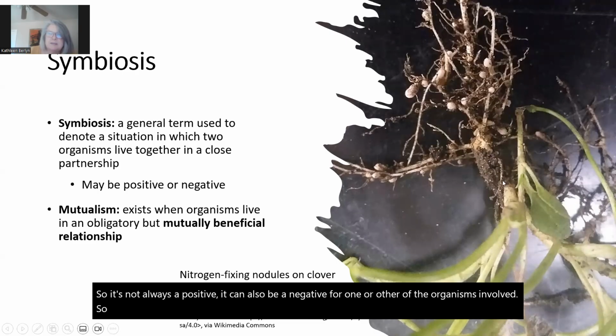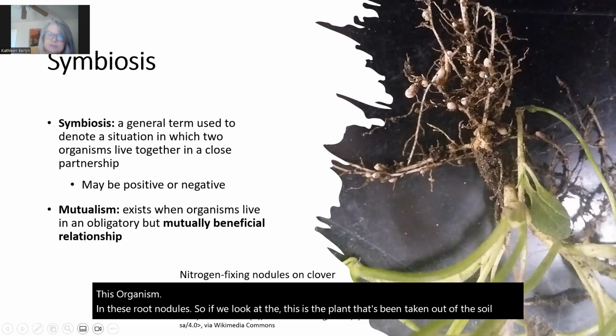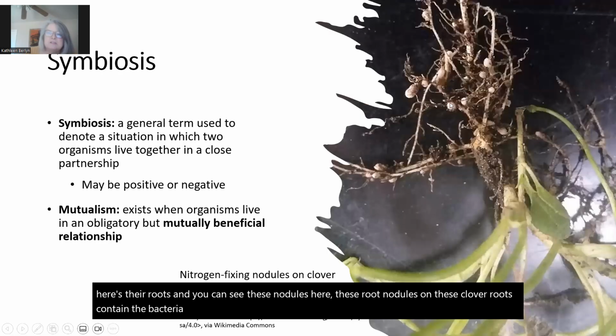So this is an example of a symbiotic relationship where we have this organism in these root nodules. If we look at this plant that's been taken out of the soil, here are its roots, and you can see these nodules here. These root nodules on these clover roots contain bacteria in the genus Rhizobium. And this is a nitrogen-fixing organism.